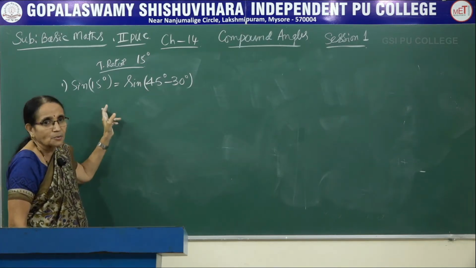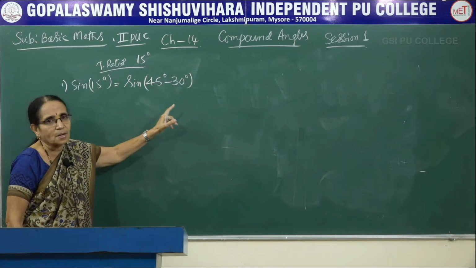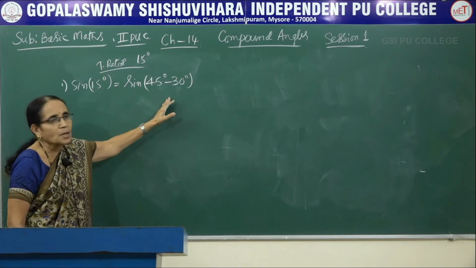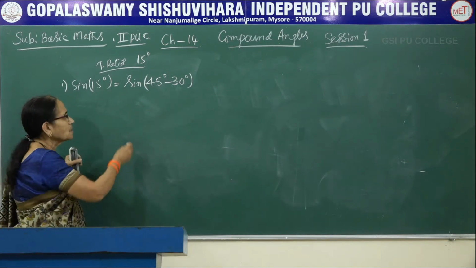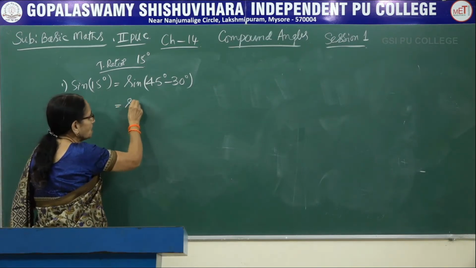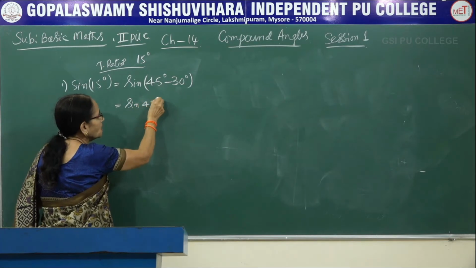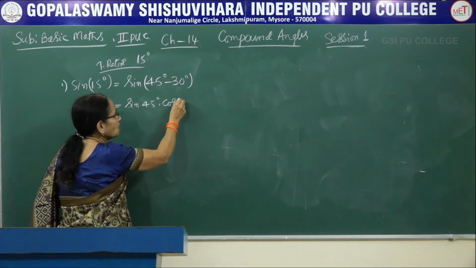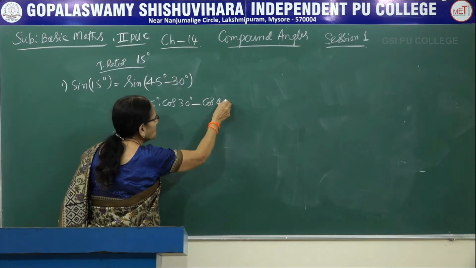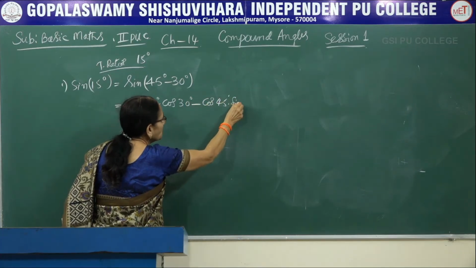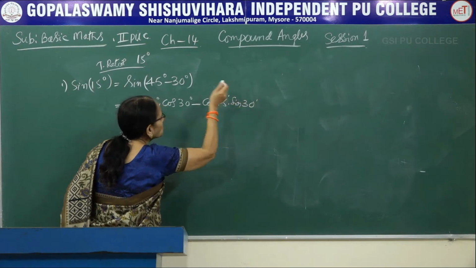There when it was 75, it was 45 plus 30. Now I am using the compound angle formula, that means the difference of the two angles. The same procedure, that is sine of A into cos of B minus cos of A into sine of B. The difference is only the sign.